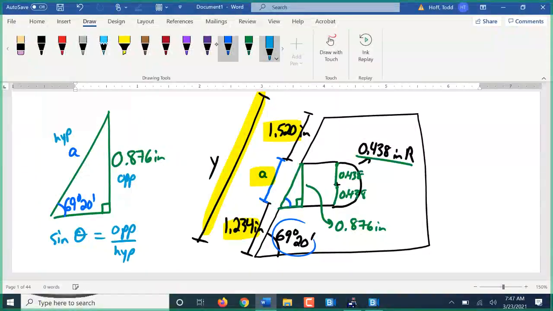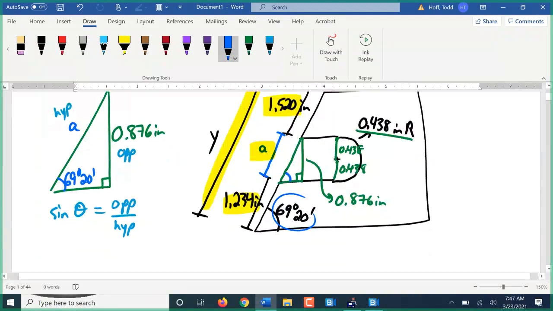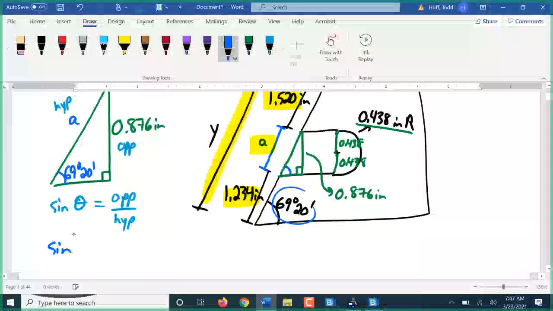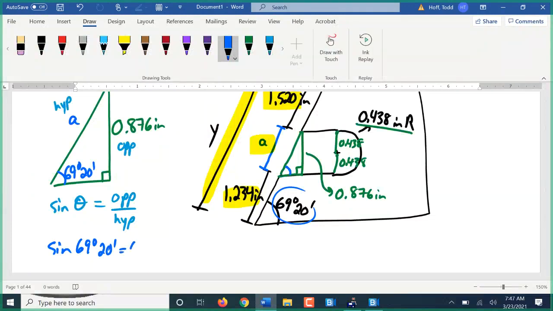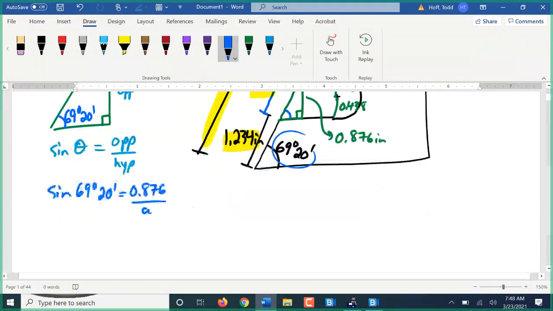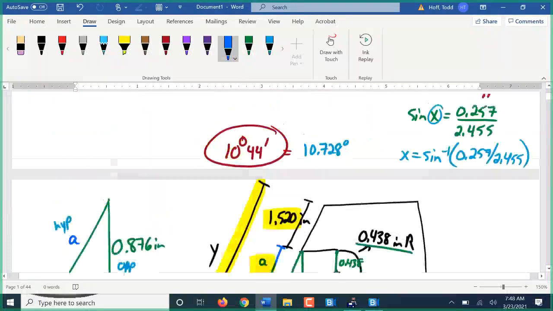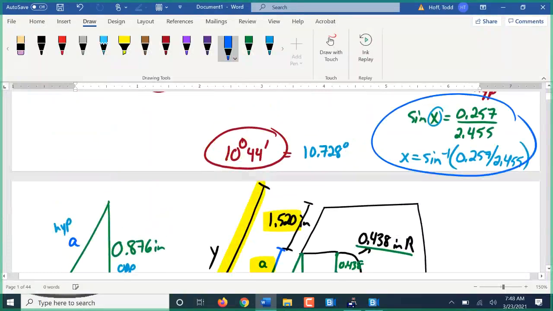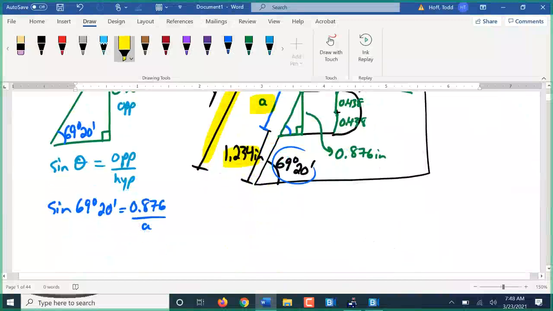So I'll fill in the information I know here. The angle is 69 degrees, 20 minutes. Opposite side is 0.876. My hypotenuse is what I'm looking for. Now here, since I'm looking for a missing side, whereas up here I was looking for a missing angle and did the inverse trig function, I make it into a proportion.